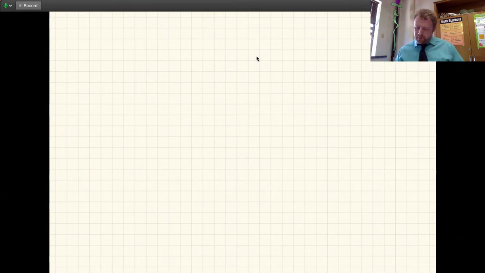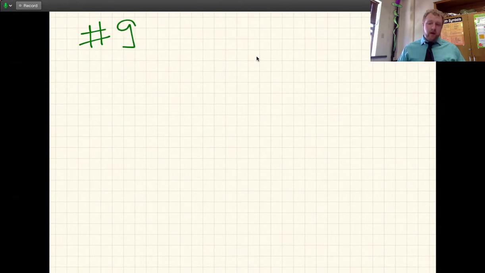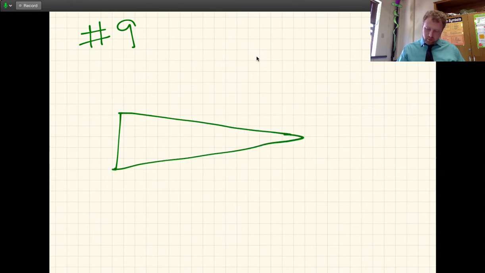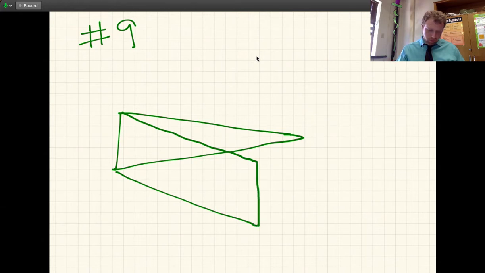Okay, here we go. Let's work through this one problem. This is number 9 in your book. Okay, this is what it looks like. I don't know how to draw this.